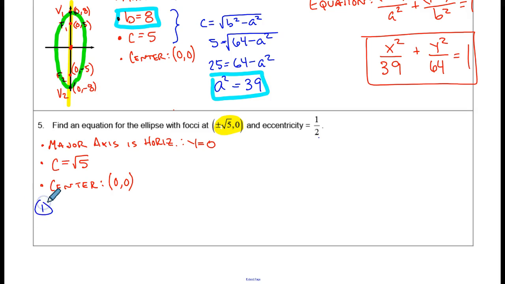So let's see how we're going to do that. First thing we're going to do is use eccentricity e to solve for a. Now I know that for a horizontal ellipse, eccentricity equals c, distance from center to foci, divided by a, distance from center to vertex.